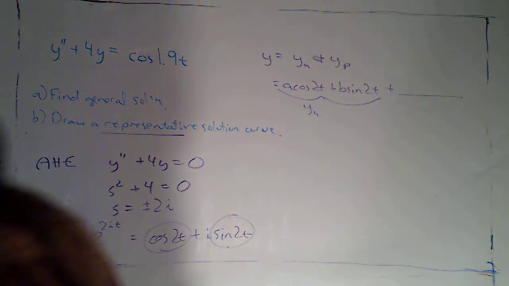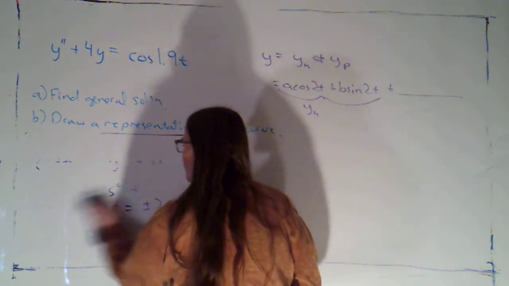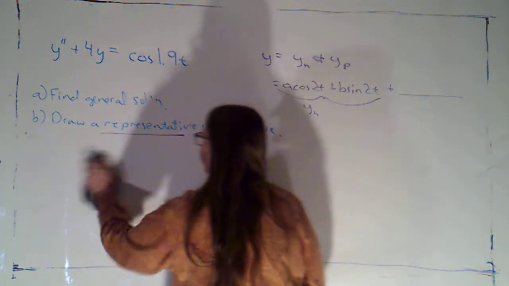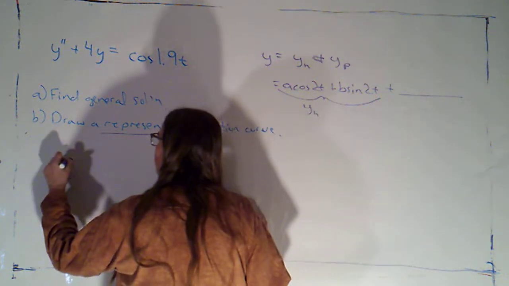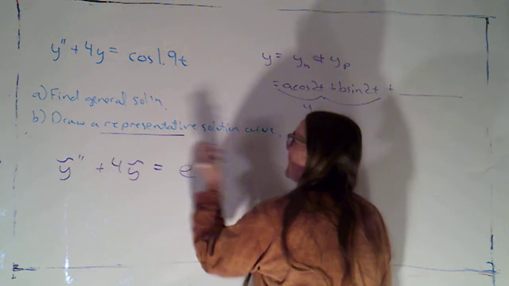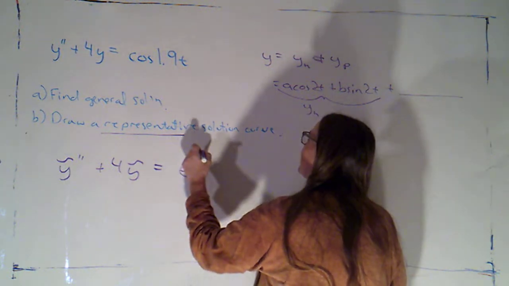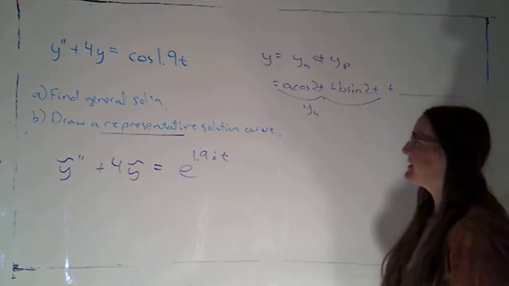So of course what I'm going to do is complexify the equation. So I'm going to recycle that y tilde and use that to represent an unknown function that's a solution to the complexified equation. And that would be e to the 1.9 times i times t.